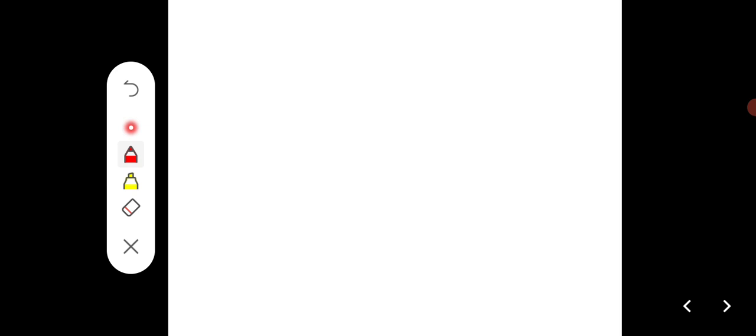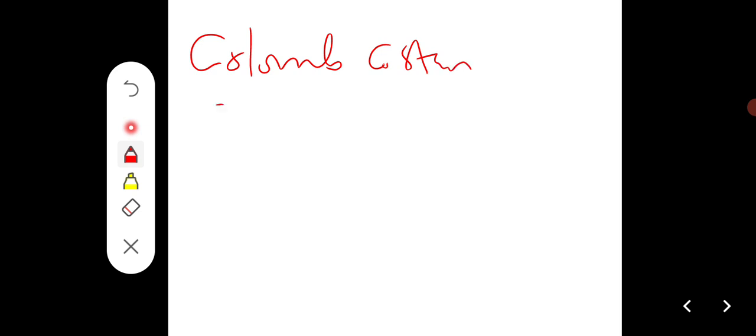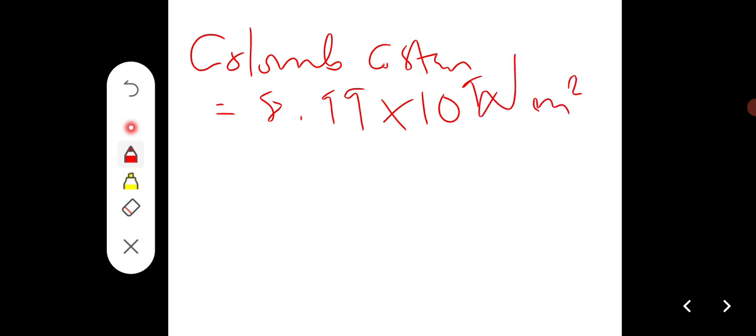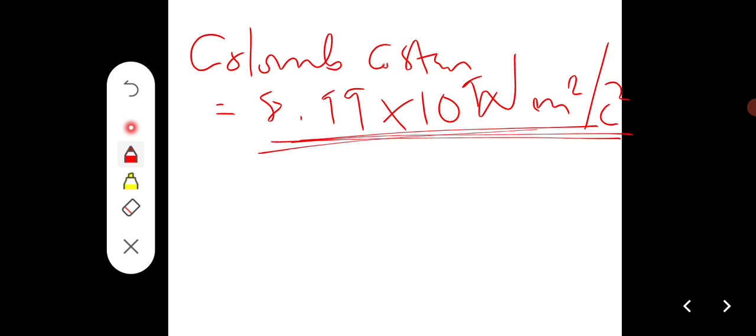One, we have Coulomb's constant, which is 8.99 times 10 to the power 9 newton meters squared per coulomb squared.